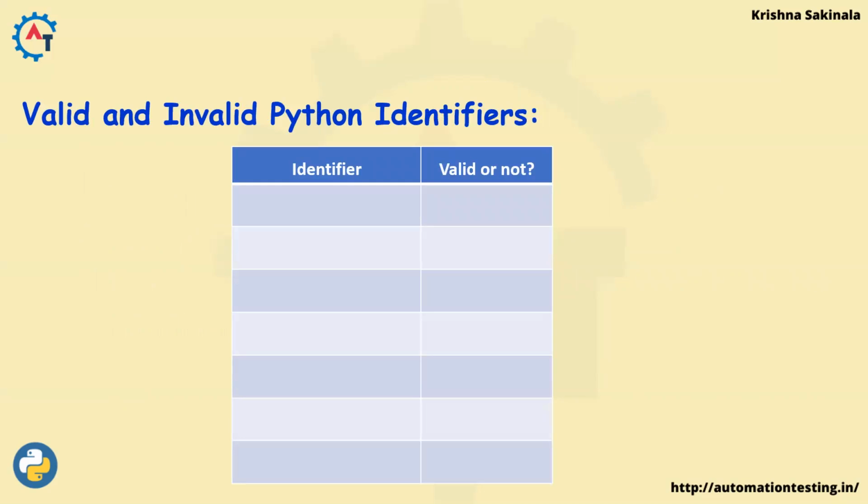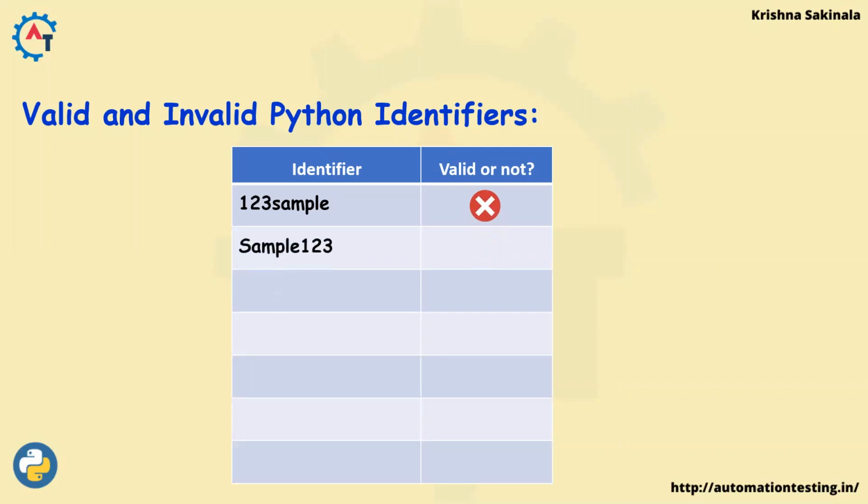We'll see some examples, an exercise. I'll take one identifier and we'll discuss whether it is valid or not. The first identifier is 123sample. As one of the rules says, an identifier should not start with a digit, but here I'm giving 123sample, so it is not valid.